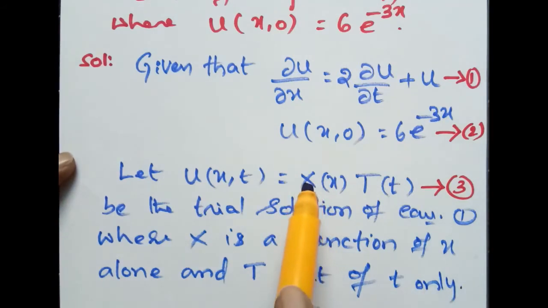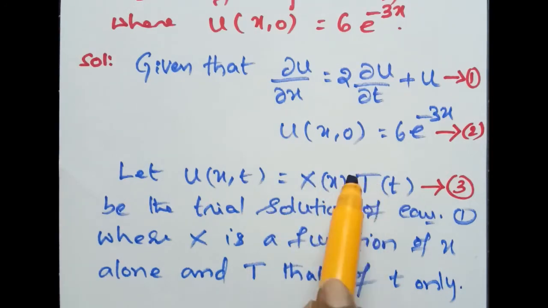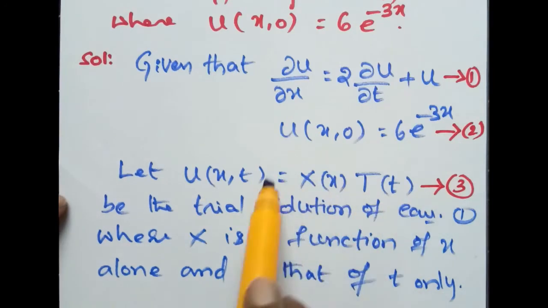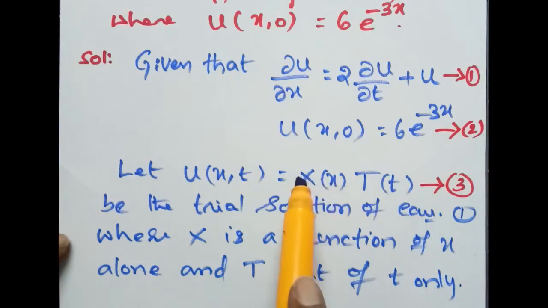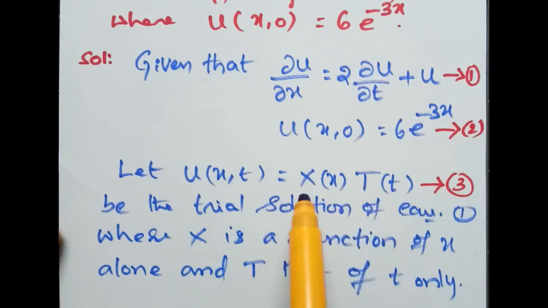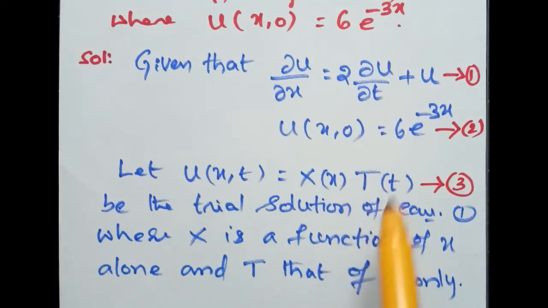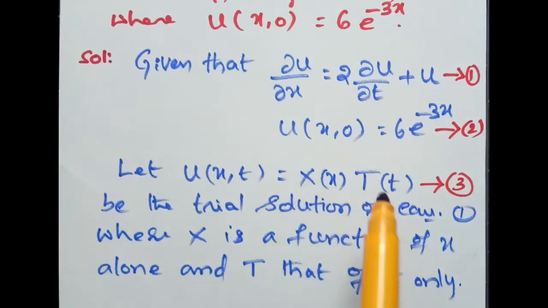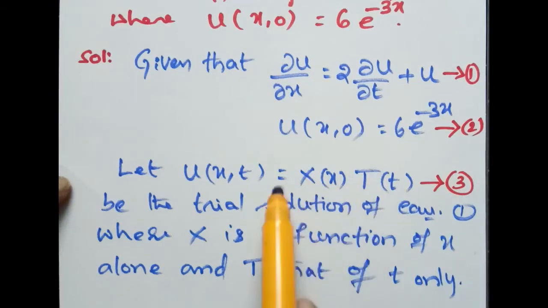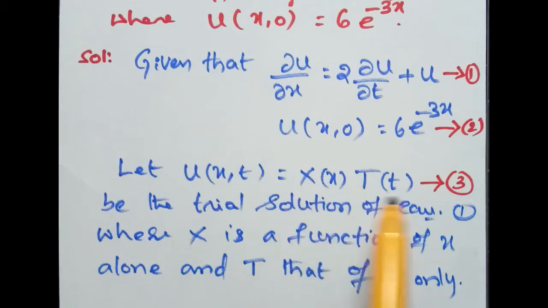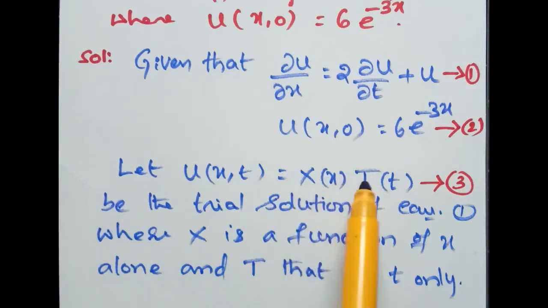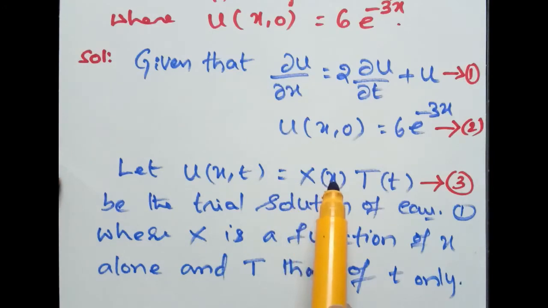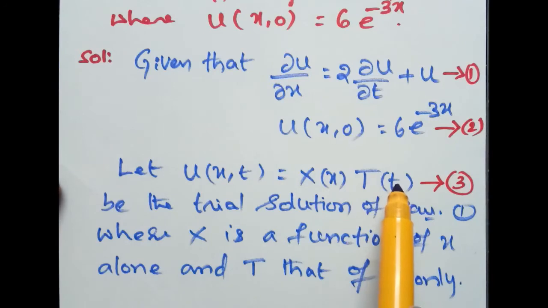So here instead of f and g to notate the functions, f of x and g of t, we are using capital X and capital T. Normally we use f, g, h to represent the functions, but here we are using capital X and capital T. Capital X is a function of x, capital T is a function of the independent variable t.